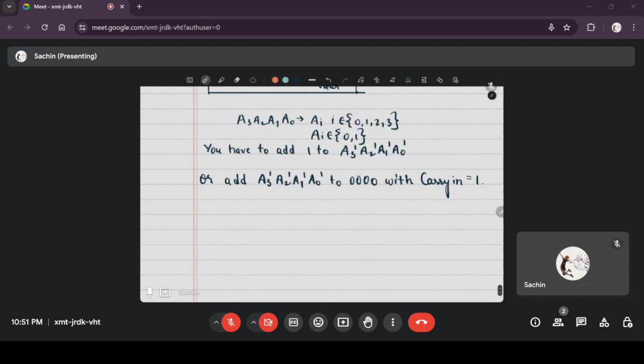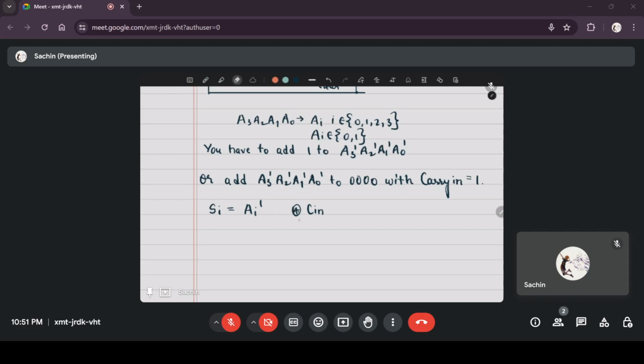Okay. Now for each of the bits, the sum is equal to A complement XOR 0 XOR the carry in. So you are not actually adding, since you're adding 0, 0, 0, 0, you don't have to take that into consideration.